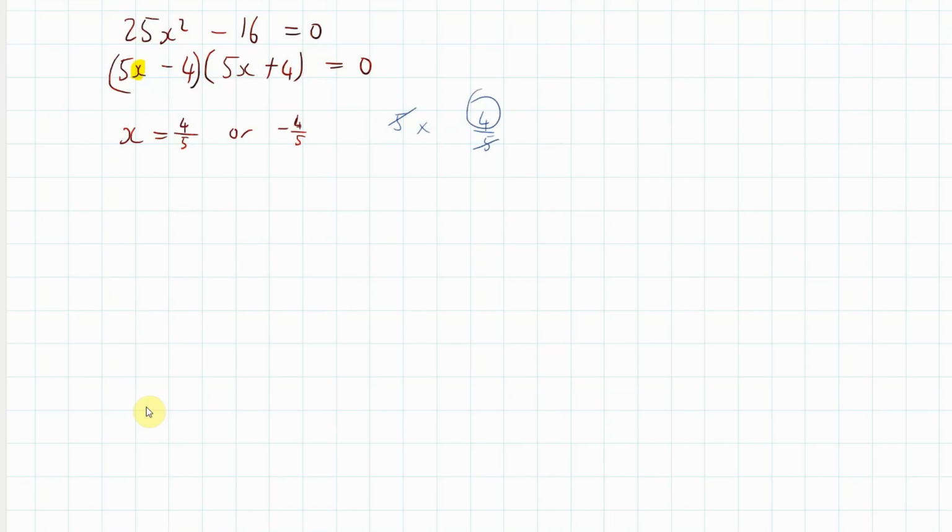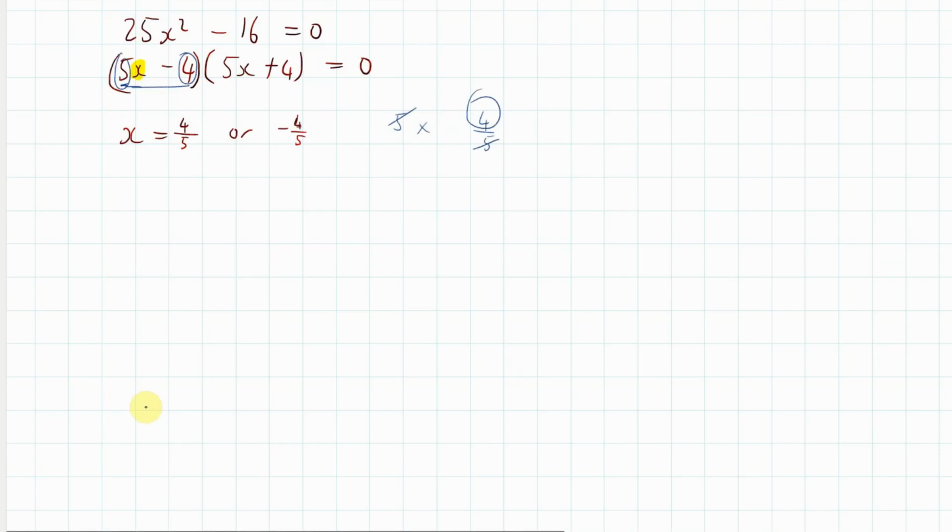So essentially when you're trying to factorise something where there's a coefficient, when you're trying to find out what equals 0 in a bracket like this, you want to take this number here, change the sign, and put it over this number here, and that's what x will be. Okay, now that's part 1.